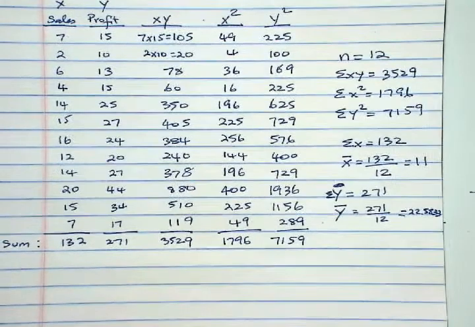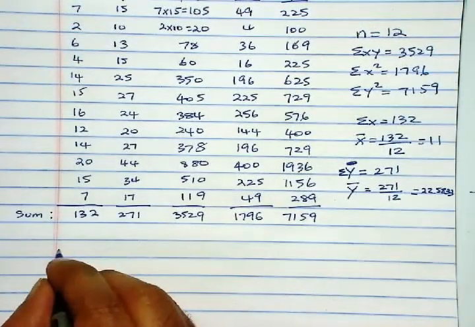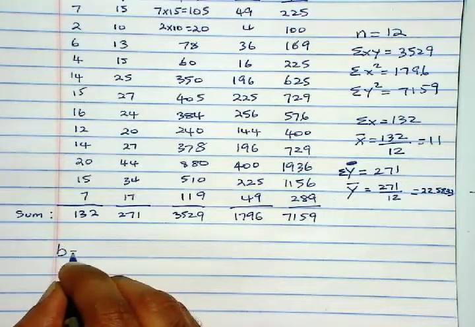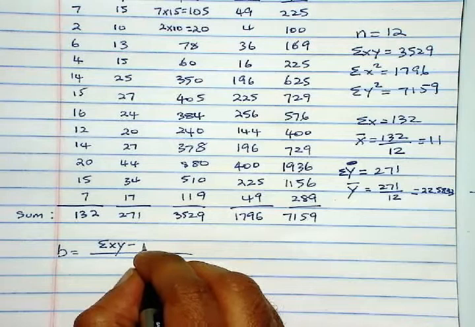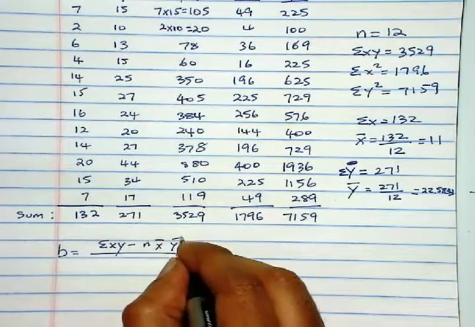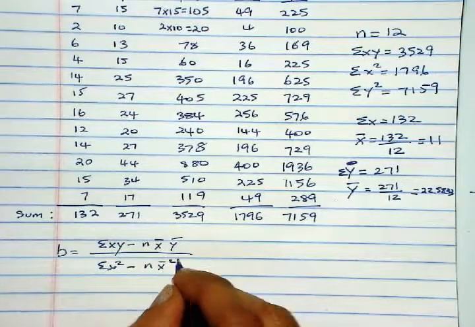Okay, now we are ready to compute the regression coefficients. So the formula is b equal to sum of xy minus n times x bar y bar over n times x bar squared.